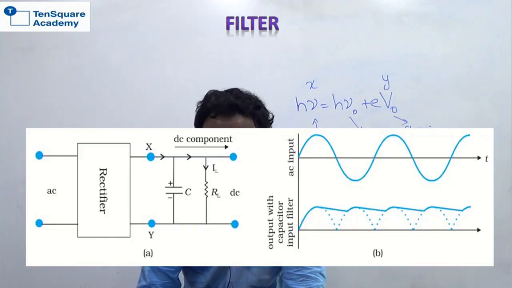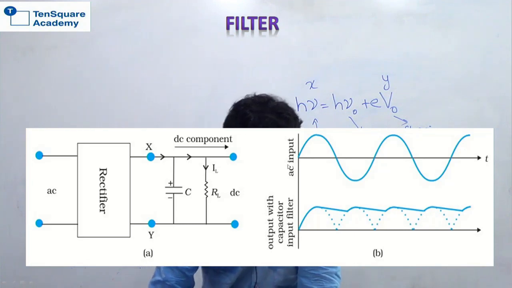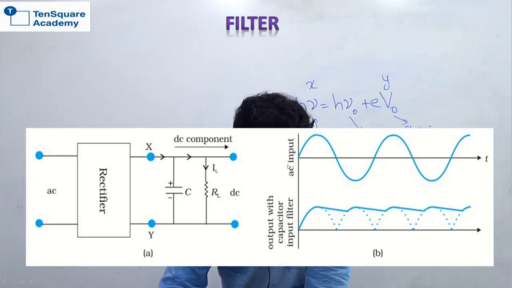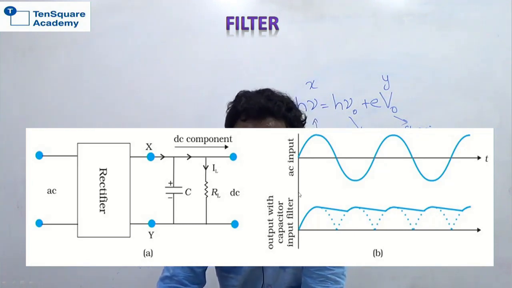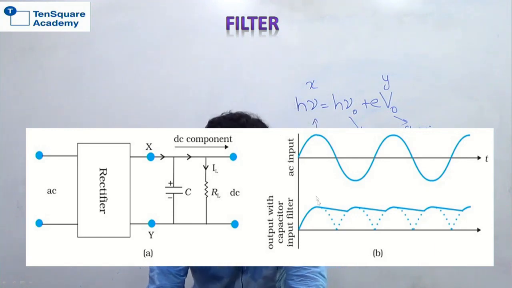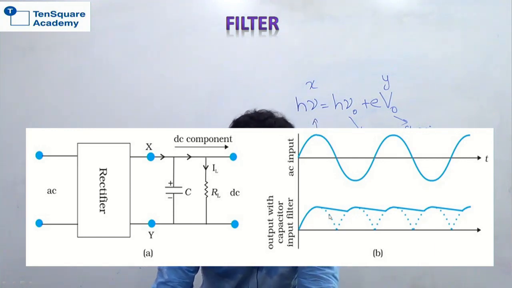And this is a filter. The primary role of a filter is to make AC ripples into pure DC voltage. So, if you observe, though it is not exactly pure, whenever the current falls here, it is actually supposed to fall here also in the output, right, but this output is given by a capacitor which is here.